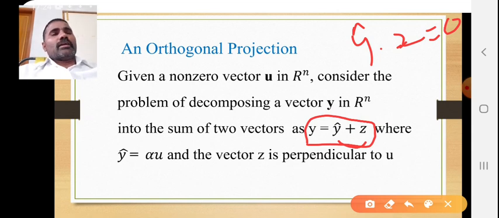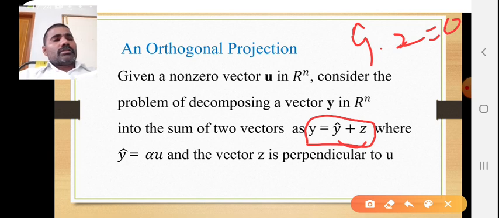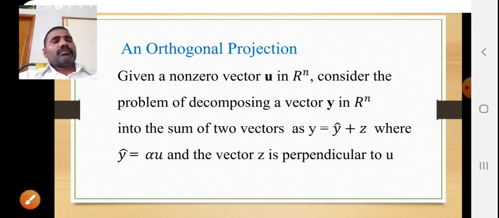That means we decompose a vector y in R^n as y cap + z, where y cap is a constant multiple of the vector u and z is perpendicular to alpha u. From this we can derive an orthogonal projection of the vector.